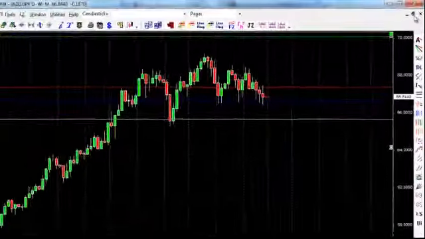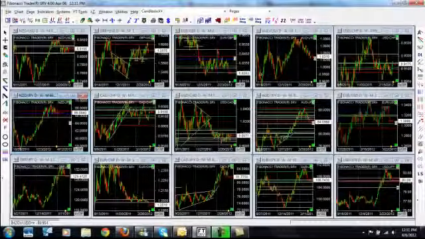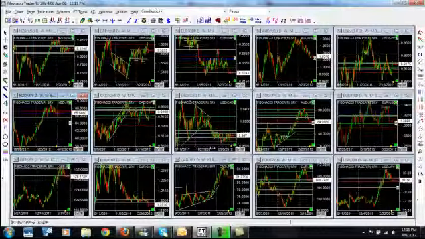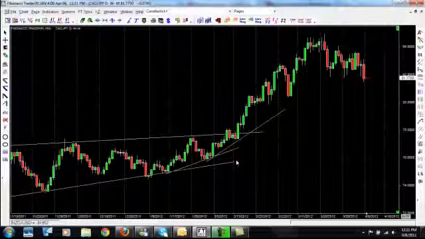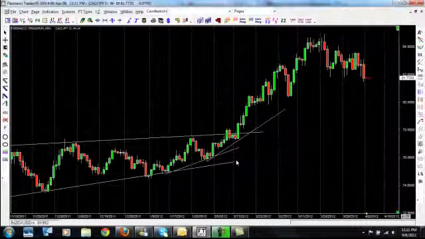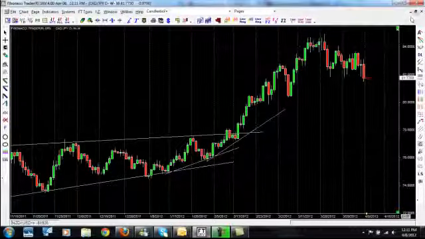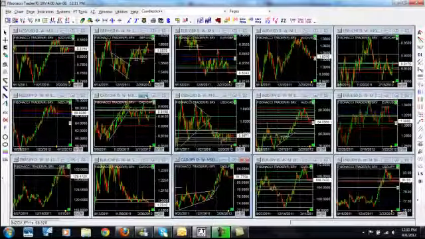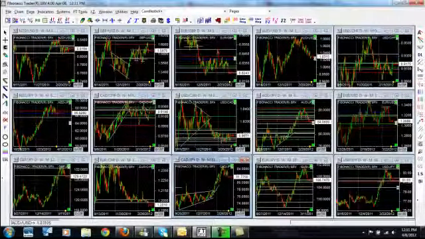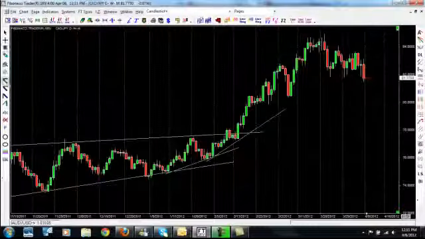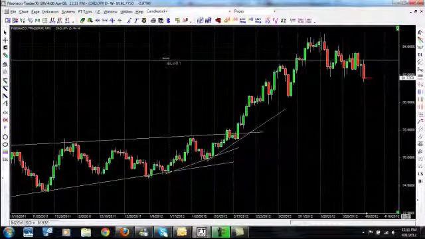So let me look at a different chart here. And I want to show you a trade that we actually took yesterday. Was it the CAD yen? Yes, it was. Actually, hold on a second. Let me be sure that's the right trade that we took here. Let's look at here. Yep, that was it.